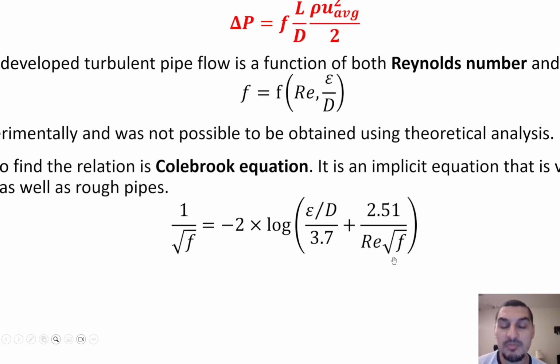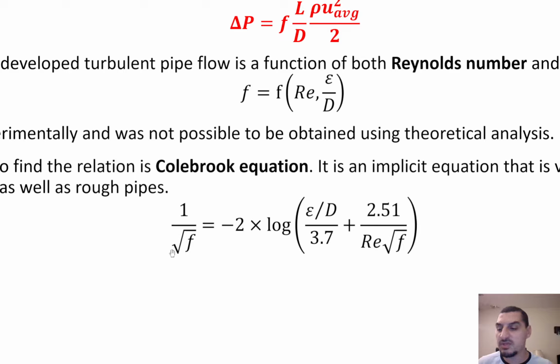which makes it mathematically impossible to have the friction factor on one side and the rest of the parameters on the other side. Even if you try to rearrange the equation, you will reach a form where, instead of 1 over square root f being a function of log of something that has the friction factor, the friction factor would be a function of 10 power something that has this friction factor. So it's impossible to have the friction factor separated on one side.